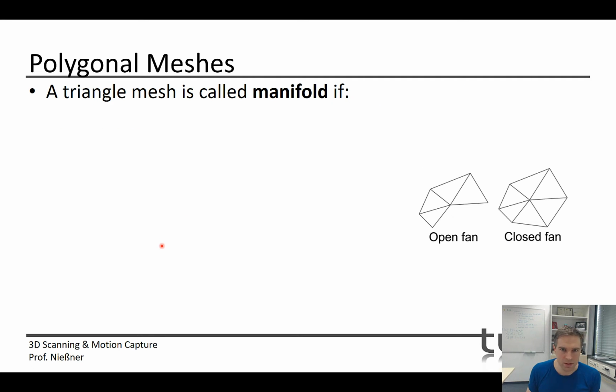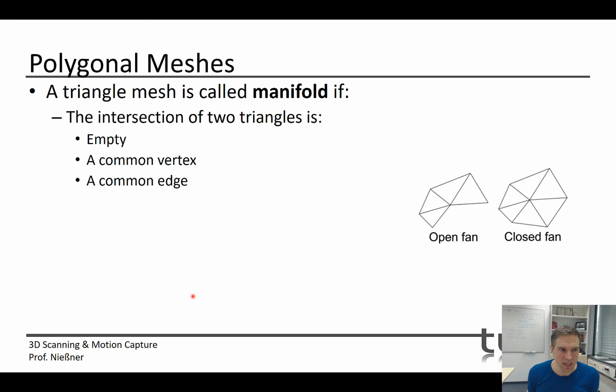Okay, so one term I already mentioned is a manifold. Of course, there's a lot of math behind it. I don't want to go into all the details, but I just wanted to roughly explain what I mean by a well-defined surface, and that's what I would call a manifold. The intersection of two triangles is either empty, a common vertex, or a common edge, right?